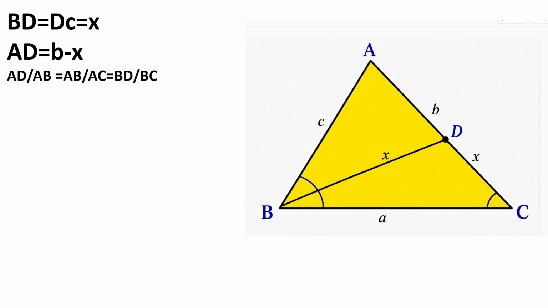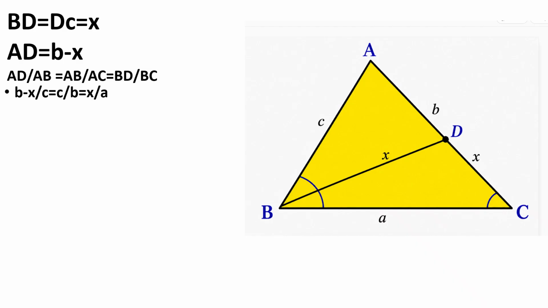So if we assume the length of DC is equal to x, AD is going to be b minus x, and since these two triangles are similar with each other, I can write this relation of AD over AB equal to AB over AC equal to BD over BC.